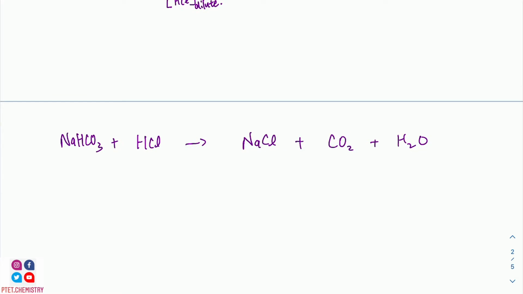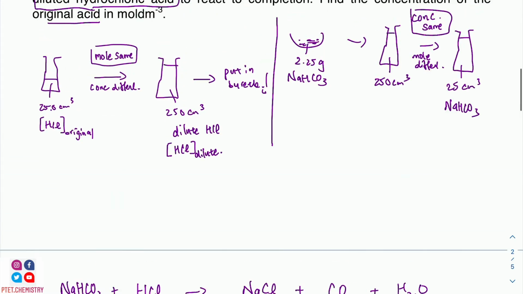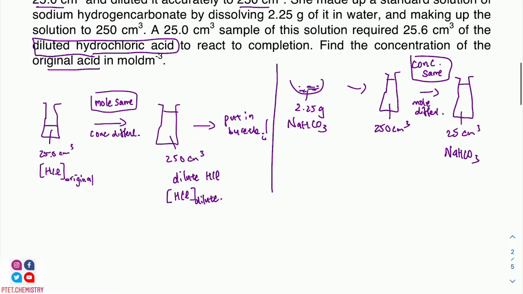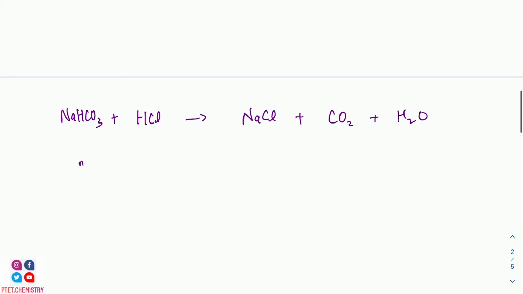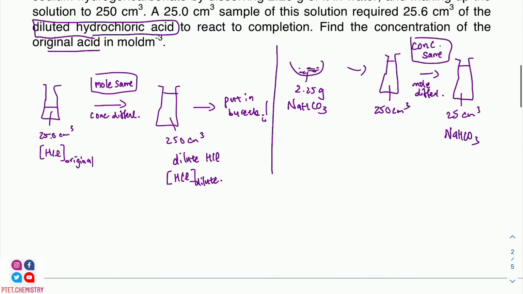All right. So what do we know? We know that 25.0... So I need to find the concentration of the dilute acid first. I need this. From this, I can work out that. This is what is happening in the titration.